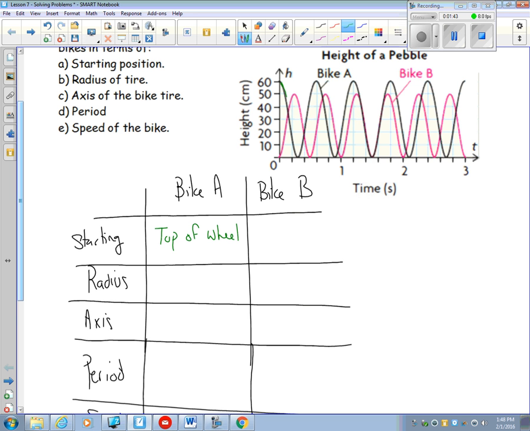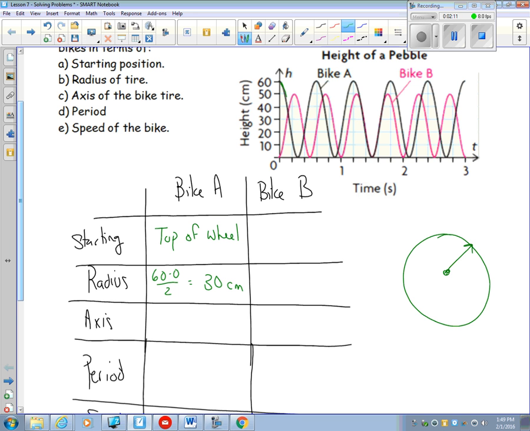Okay, the radius of that thing, how do I find my radius? Well, we've said radius, thinking about a wheel, is another word for amplitude, the difference between your max and your min, right? Or your central axis and your max, or your central axis and your min. And so if I can find the amplitude, in our case, 60 minus 0 over 2, I can say the radius would be 30 centimeters.